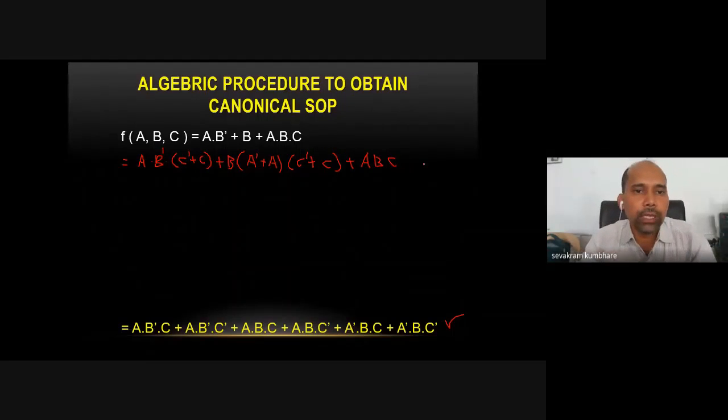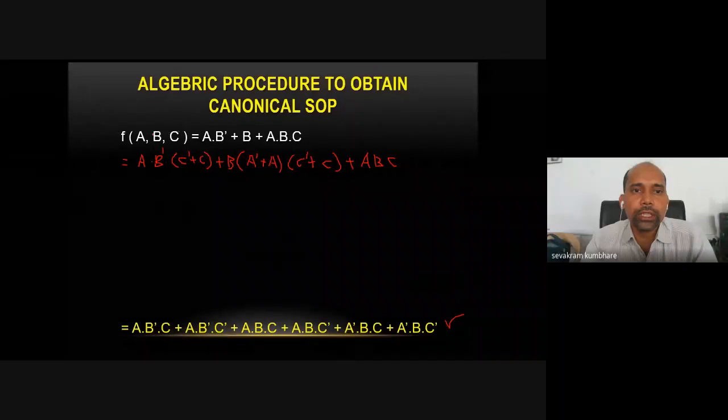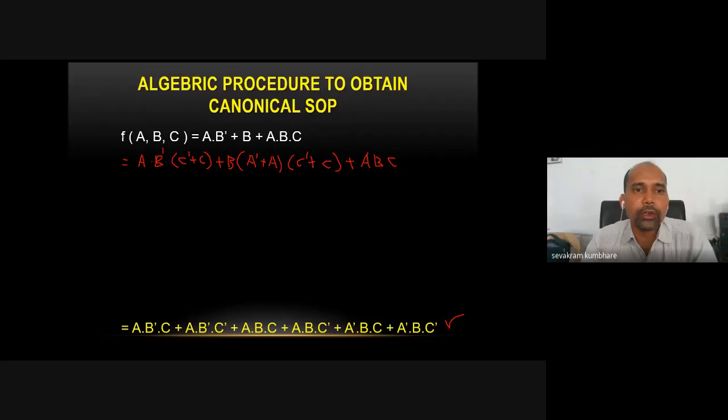One more thing I would like to tell you. This is mentioned as f of a, b, c, which means this is a function of 3 variables a, b and c. So keep this in mind.